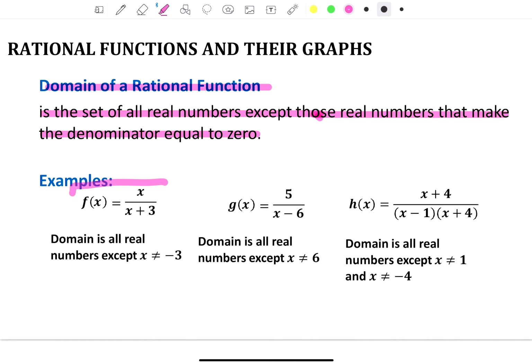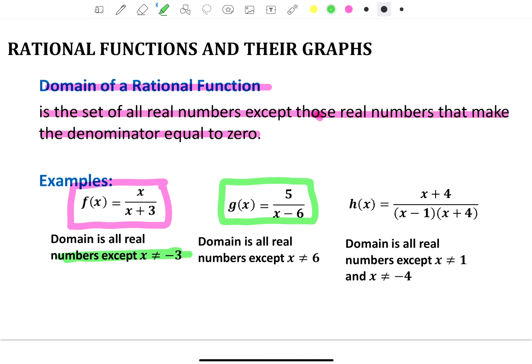For example, for the function f of x equals x over x plus 3, all real numbers other than x equals negative 3 will be in the domain, because x equals negative 3 will make the denominator 0. It will make the function undefined, so we exclude that negative 3.